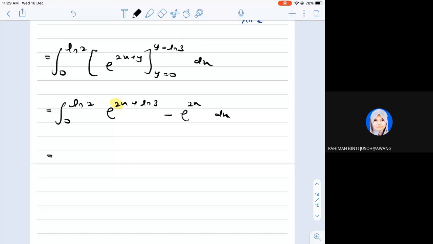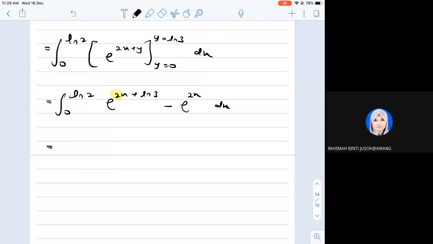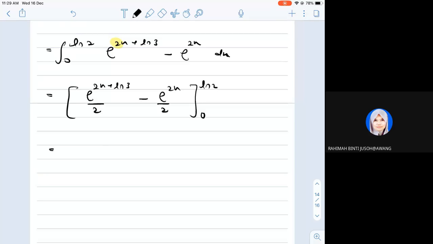So we will have exponent 2x plus ln 3 divided by 2 minus exponent 2x also divided by 2. Okay, so substitute 0 and ln 2. Then we will have exponent 2 ln 2 plus ln 3 over 2 minus exponent 2 ln 2 over 2.